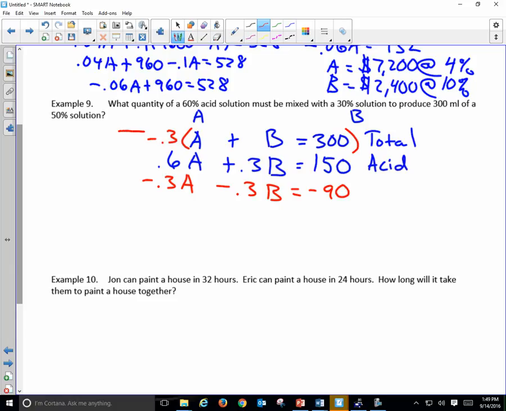So now that top equation really doesn't need to be used anymore. I've changed it with the second equation. I will add those together. And I get 0.3a is equal to 60. How do I get rid of the 0.3? Divide.